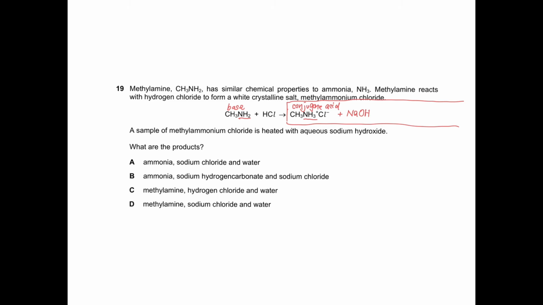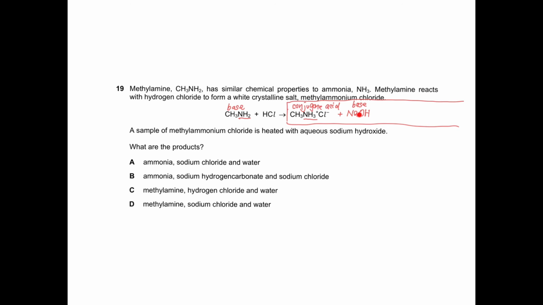We know that sodium hydroxide is a base, and the methylammonium chloride is a conjugate acid. So a conjugate acid and a base react. Naturally, we have to know that neutralization happens again, and they will form salt.